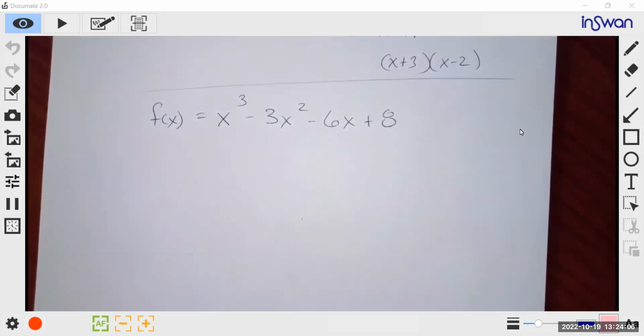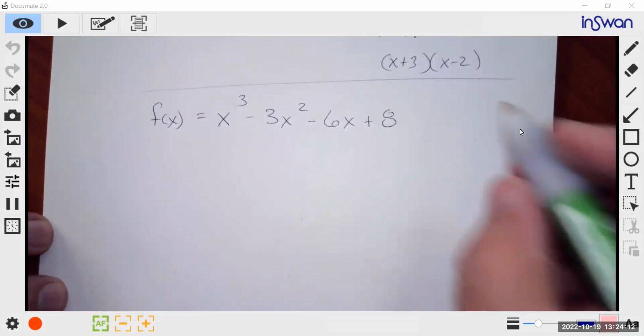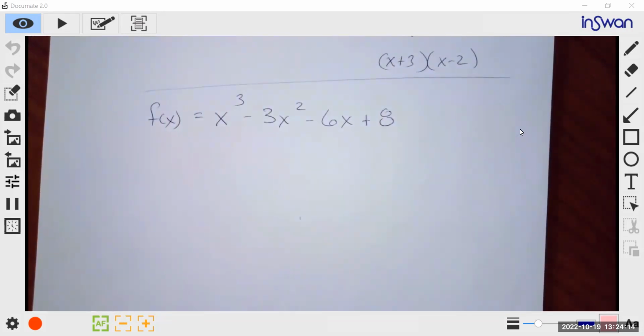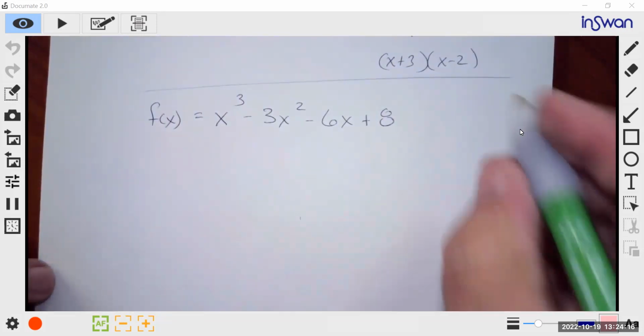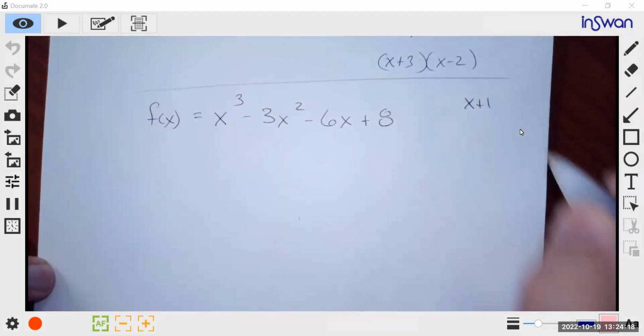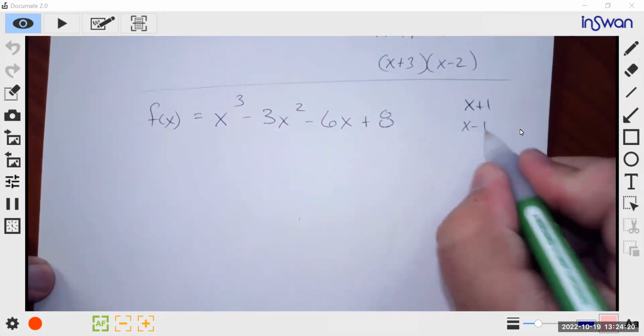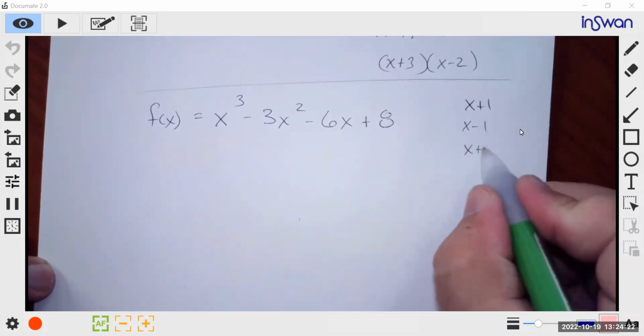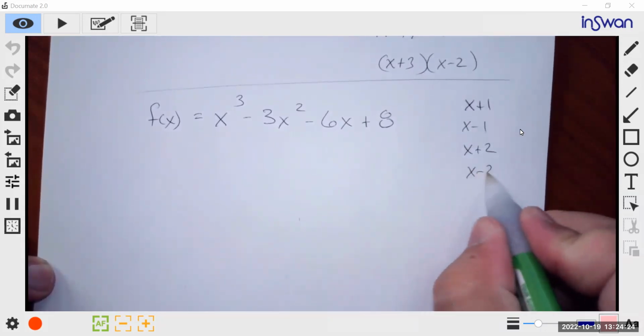What method are you going to use? Synthetic division, long division? Well, what would be the logical way to approach this? Is x plus 1 a factor? Is x minus 1 a factor? Is x plus 2 a factor? Is x minus 2 a factor?